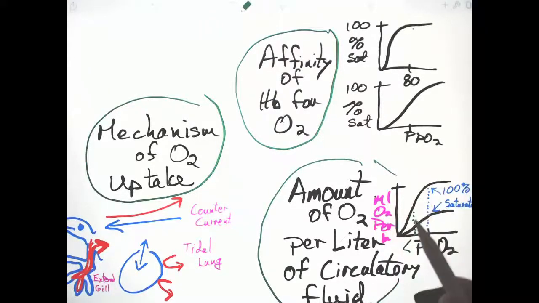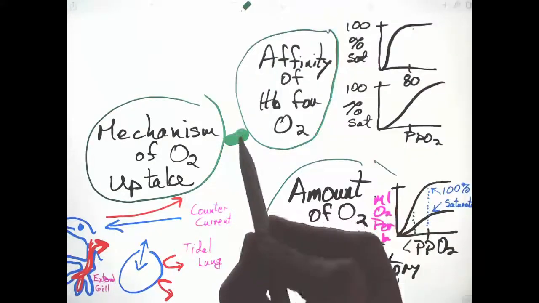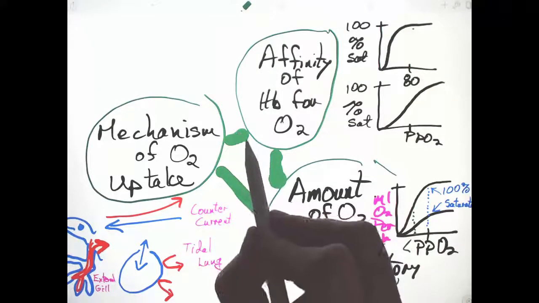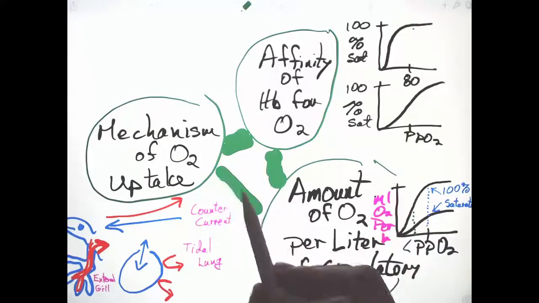So they're identical curves. They're 100% saturated at the same point, but with twice as much hemoglobin, this individual has twice the oxygen in milliliters of oxygen per liter. It's important, as you're thinking about these, that you realize that these concepts are interrelated but not the same thing.